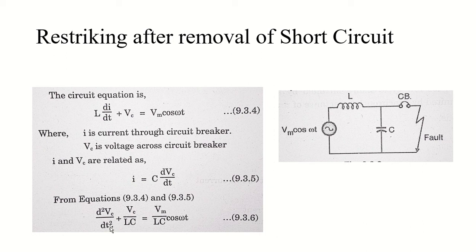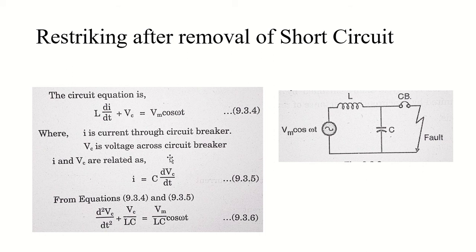So instead of that, we can write d square Vc by dt square plus Vc divided by LC. You know the value of I based on this formula, so you can put it over here.